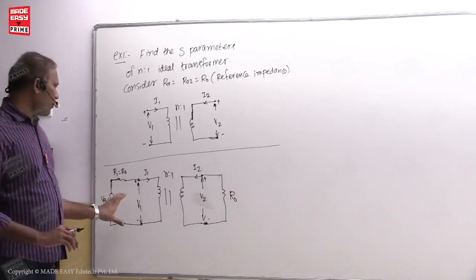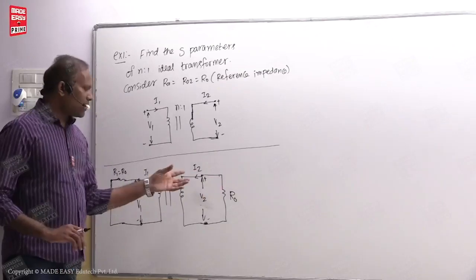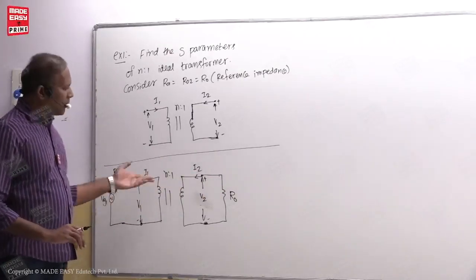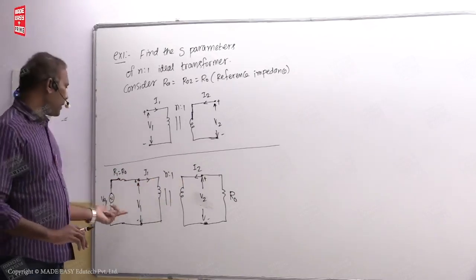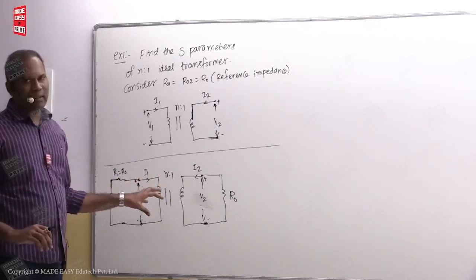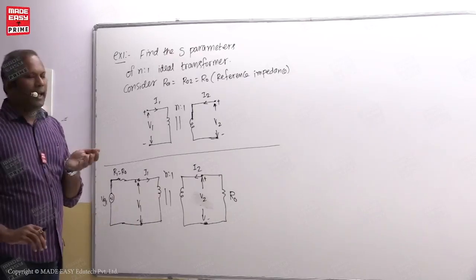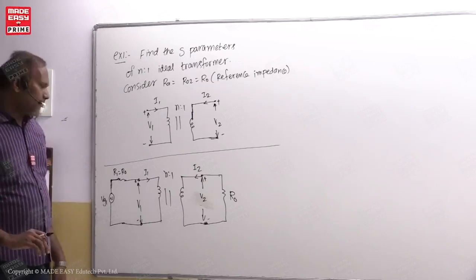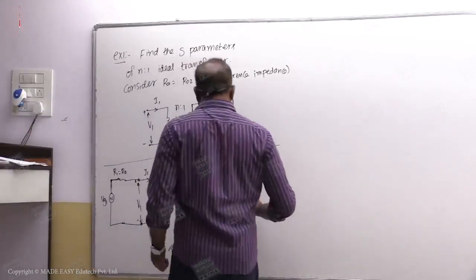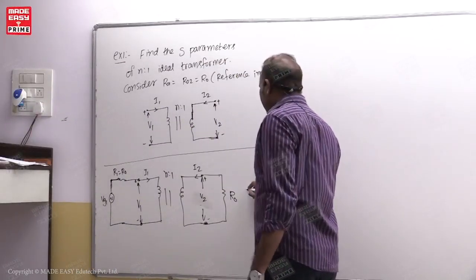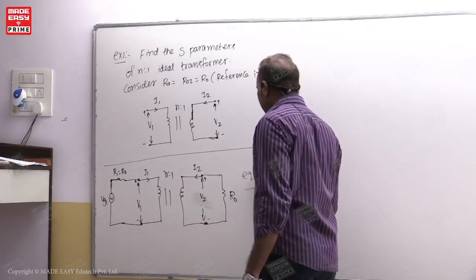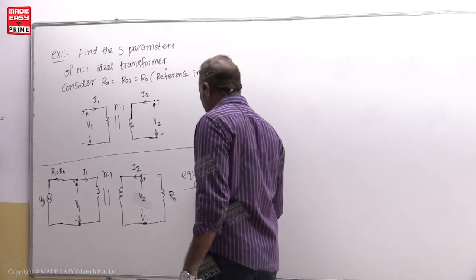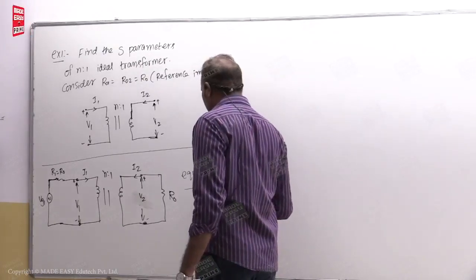While solving the derivation we do this type of connection, but once you get the S matrix, you remove them, and you can connect any load and any source; that S matrix will be valid. It is similar to the Z parameters and so on in network theory, right? Now I am writing the equivalent diagram, as in network theory.